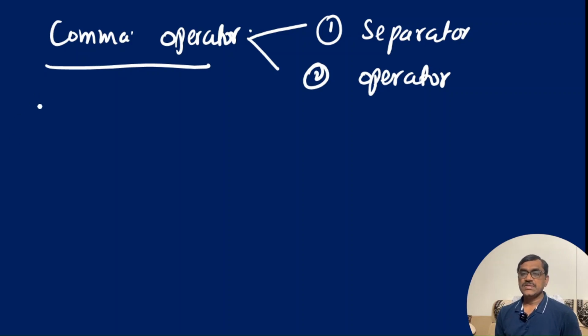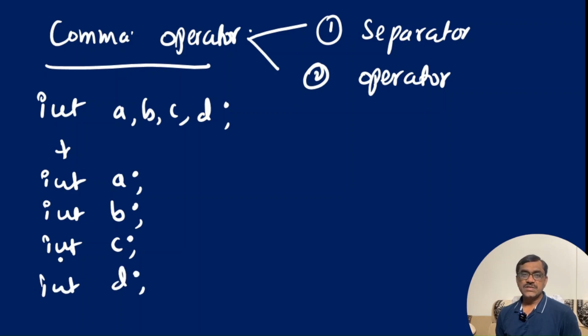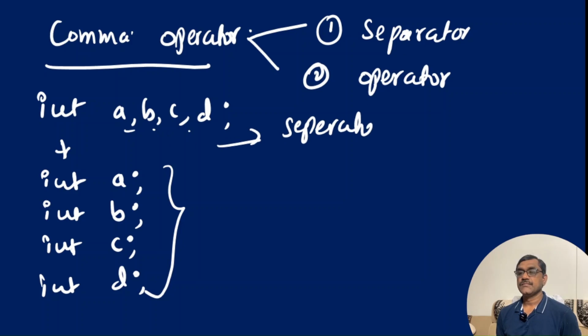For example, if I say int a, b, c, d, the meaning of this is similar to int a; in the next line int b; int c; int d;. So instead of writing in separate lines like this, we are using commas. So here the comma is acting as a separator.